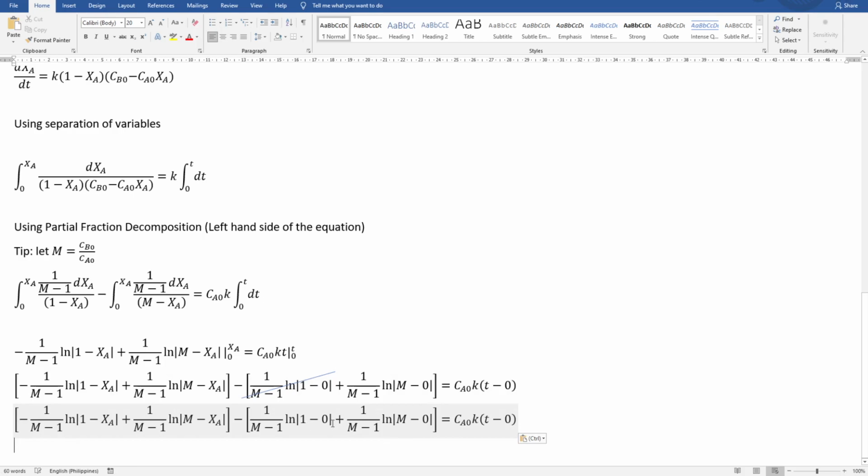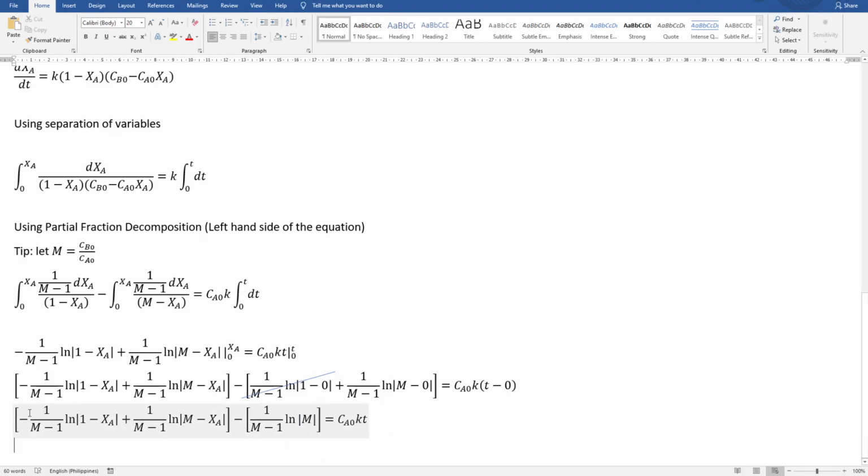So this one becomes 0. This one is left with m. This one is just g.